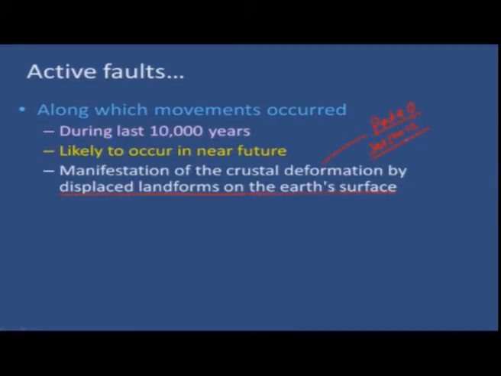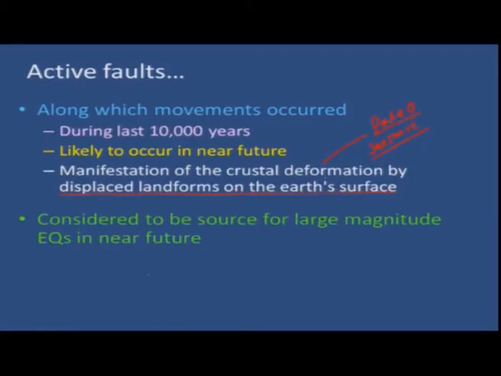So, this is the definition of active faults: movement occurred during the last 10,000 years, a movement is likely to occur in the near future, and what we see is the manifestation of crustal deformation on the surface in the form of displaced landforms.